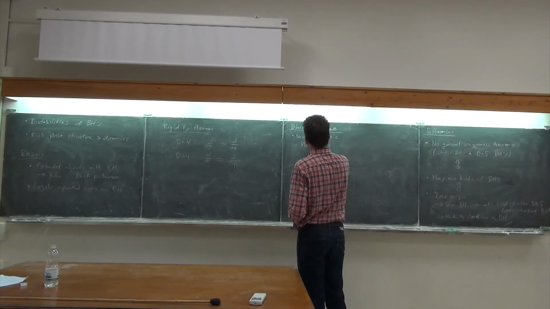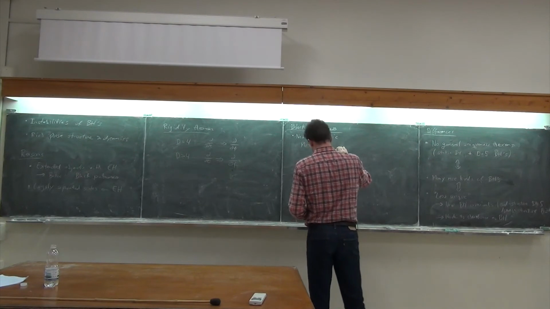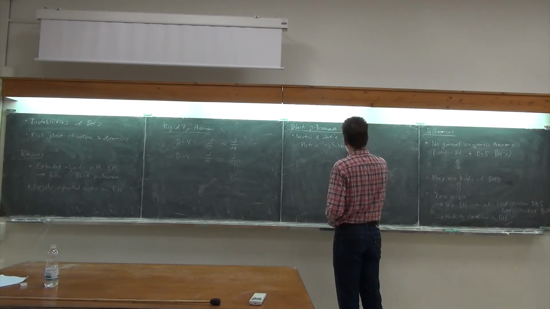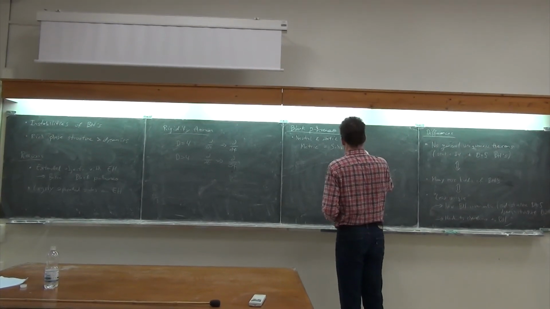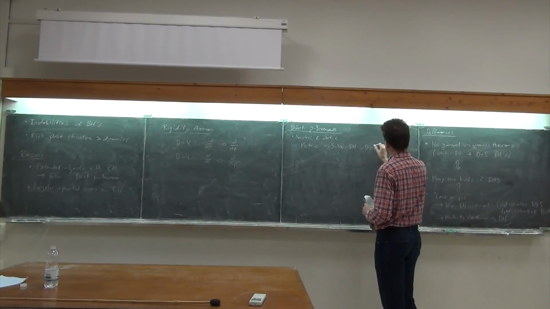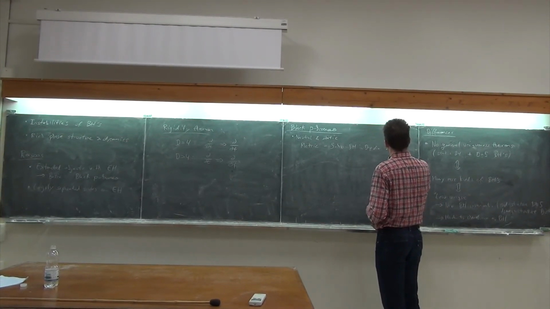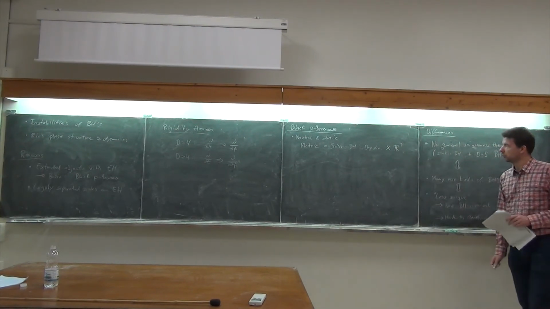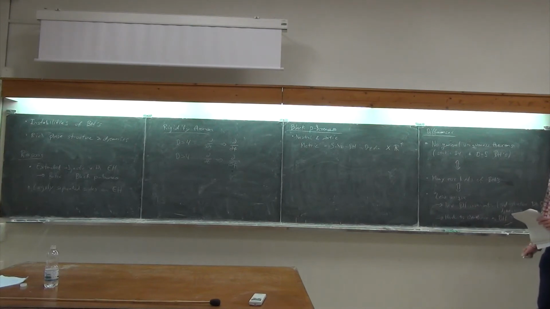The metric is simply found by taking a Schwarzschild black hole in d minus p dimensions and multiplying with p-dimensional Euclidean space.